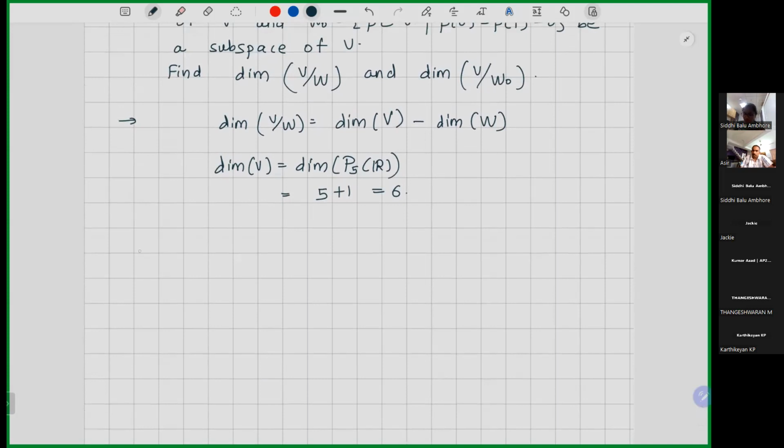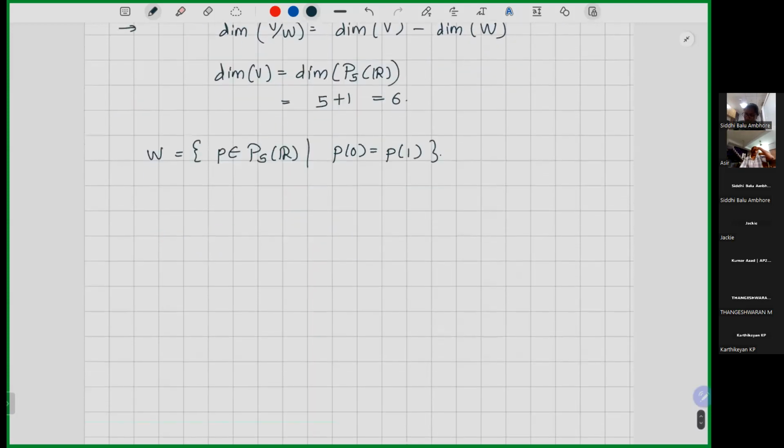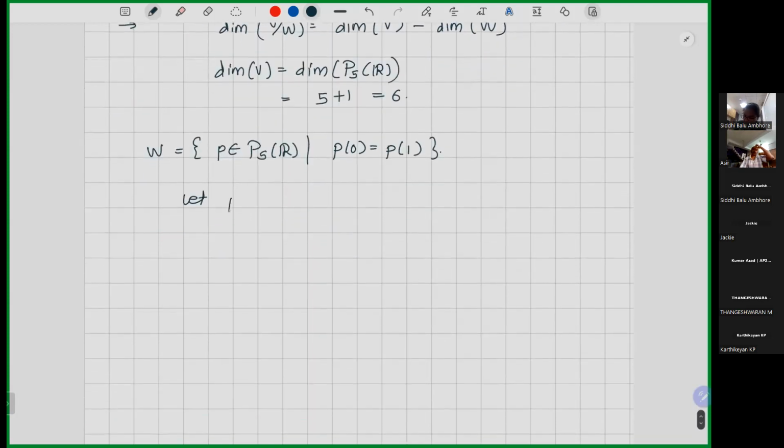So W means what? W is the set of P in P5R such that P(0) is equal to P(1). Let P be in V, then P is of the form A0 plus A1x plus A2x square plus A3x cube plus A4x4 plus A5x power 5, right?